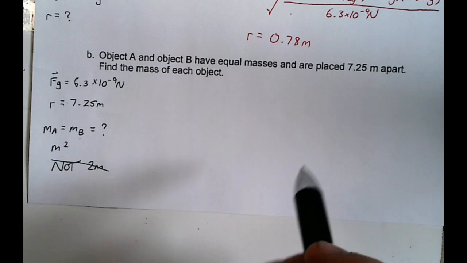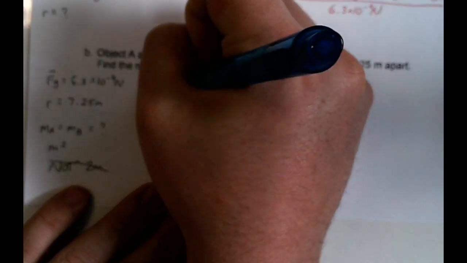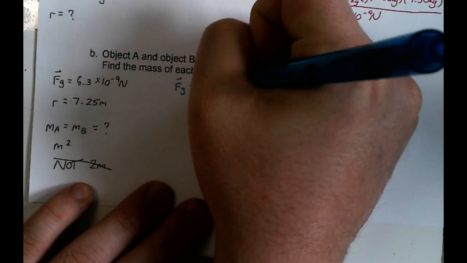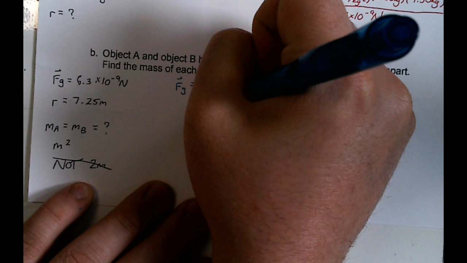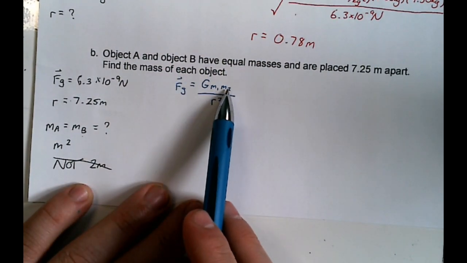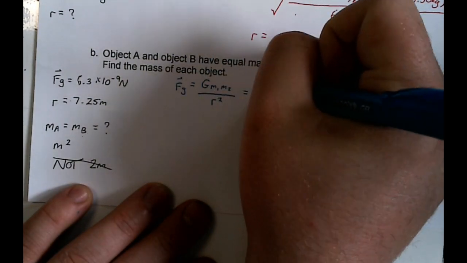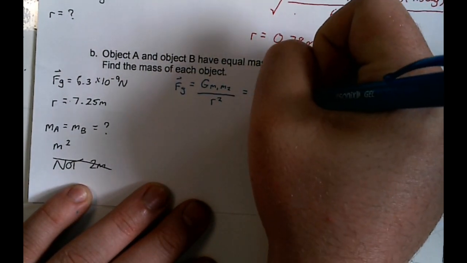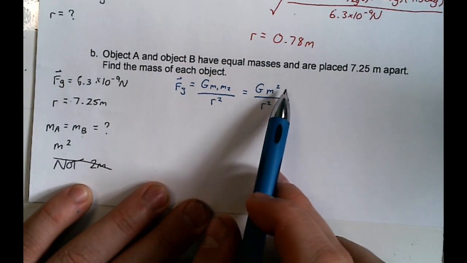Using our formula, we have Fg is equal to G m1 m2 divided by r squared. But remember, since these masses are both the same and we are multiplying them together, we can have G times m squared over r squared. We are just multiplying it by itself, so it's squared.